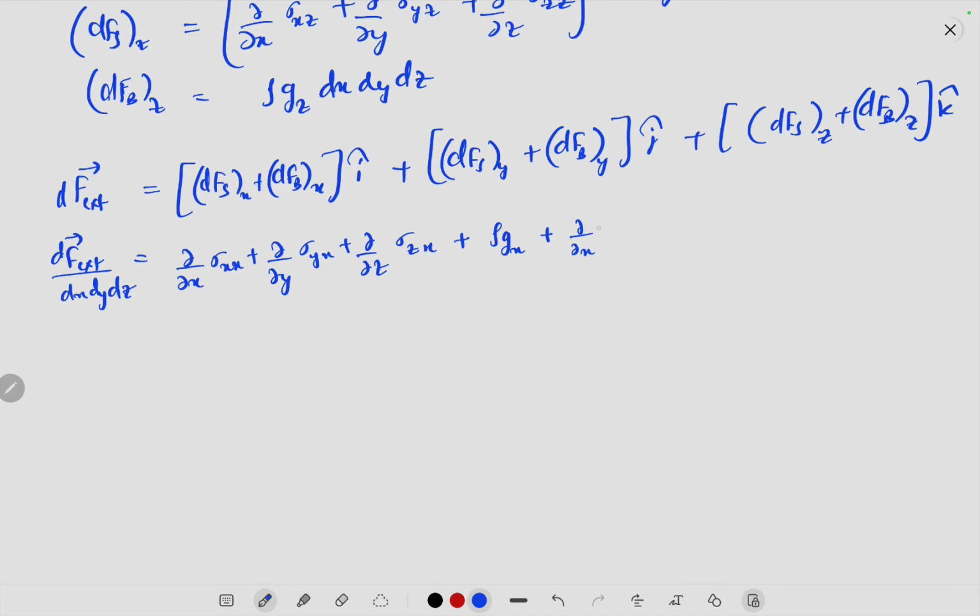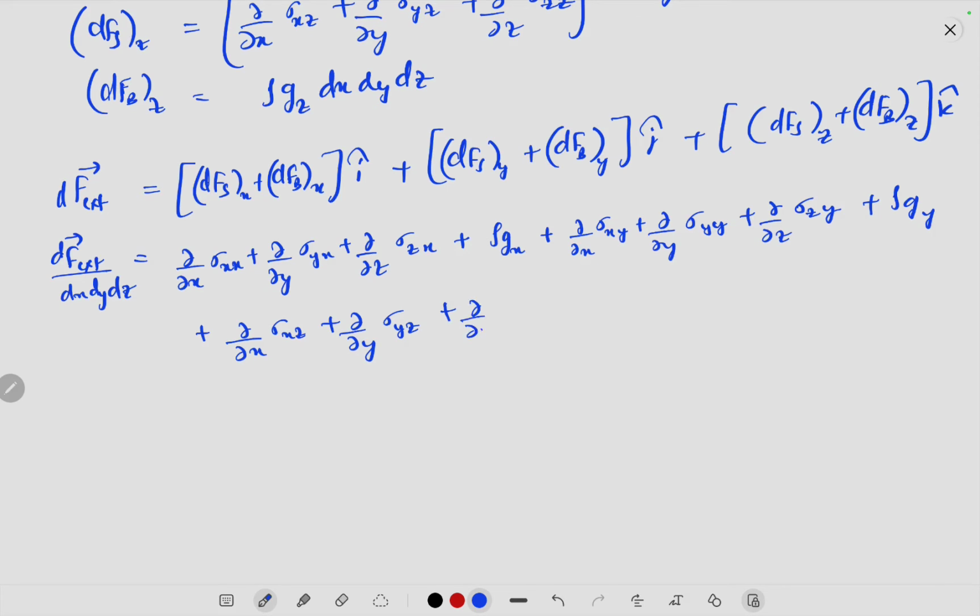So this will be del by del x sigma xy plus del by del y sigma yy plus del by del z sigma zy plus rho gy, plus del by del x sigma xz plus del by del y sigma yz plus del by del z sigma zz.